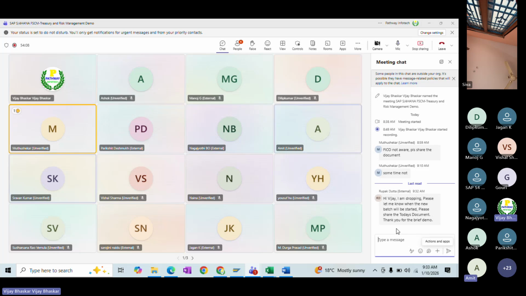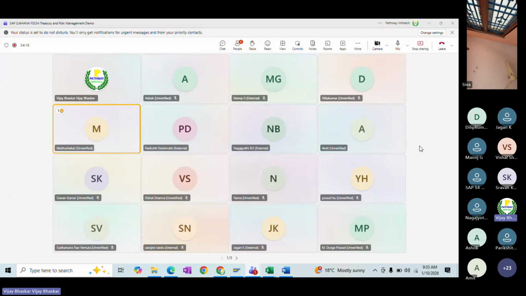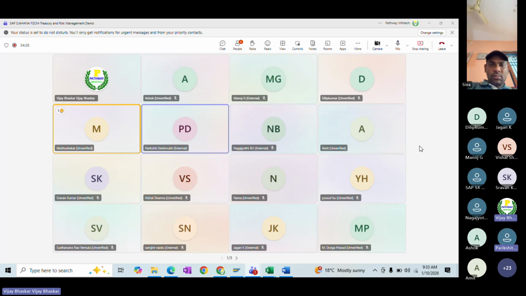Even when I check the market, the latest one is 2023 only. I completely agree, because even for 2024 we are struggling to get the demo version. I have been trying for 1 year, but it's not available yet. So 2023 is what we are going to use for our session.